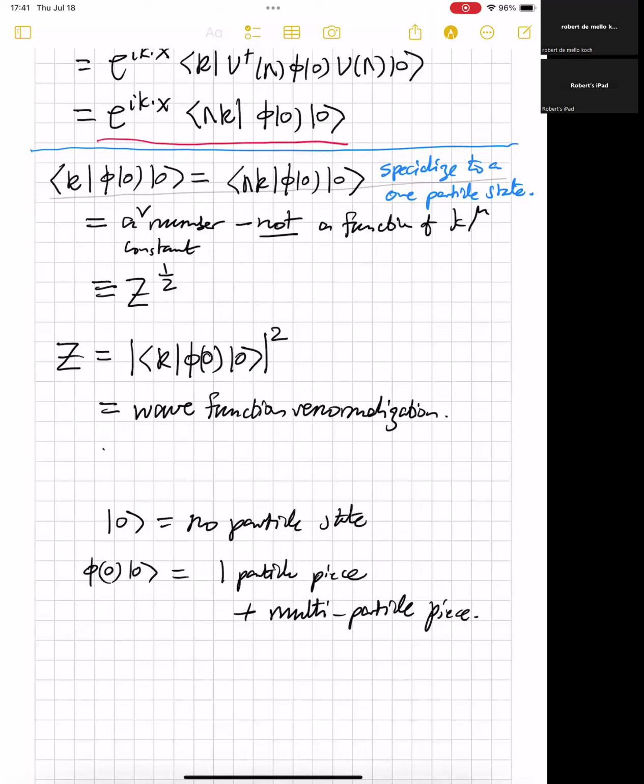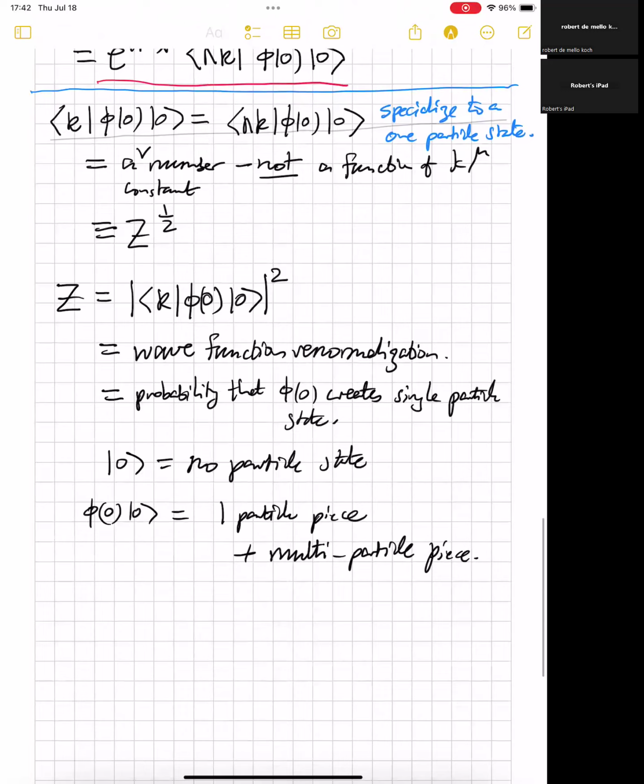So the physical interpretation of this quantity is that this is the probability that φ(0) creates a single particle state, okay?